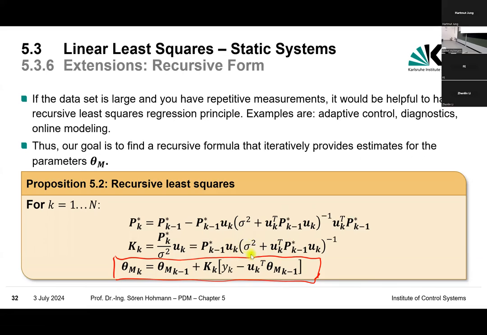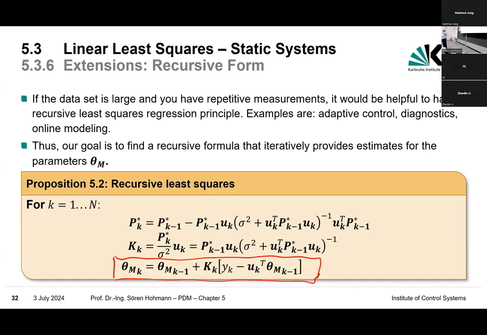And sigma squared is the variance of the noise. So it's just the inverse of a real value, which is really not difficult to calculate. So from a computational point of view, you get rid of the matrix inverse calculation with this procedure.